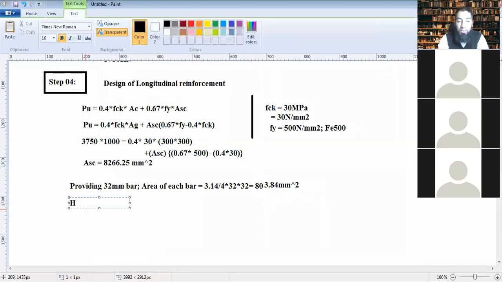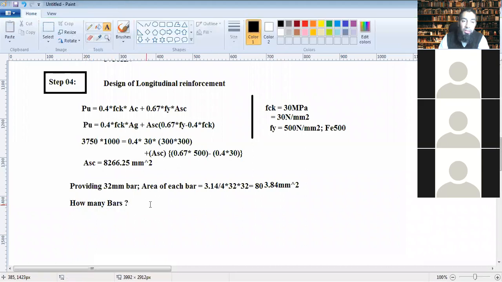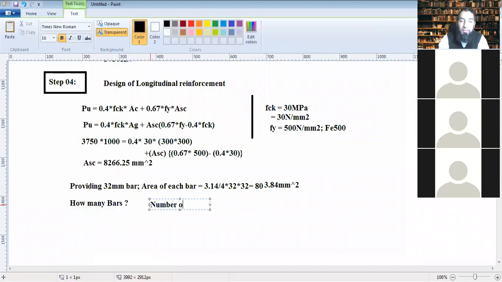So how many bars do you need to provide? How many bars? Number of bars required are कितने चाहिए? हाँ, रोल नंबर 71.